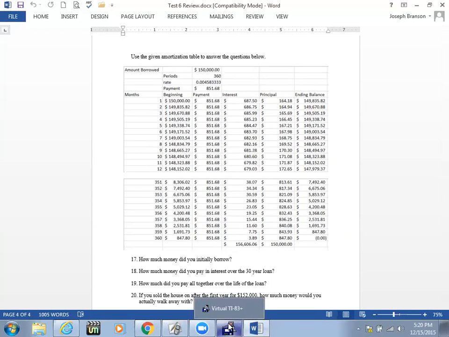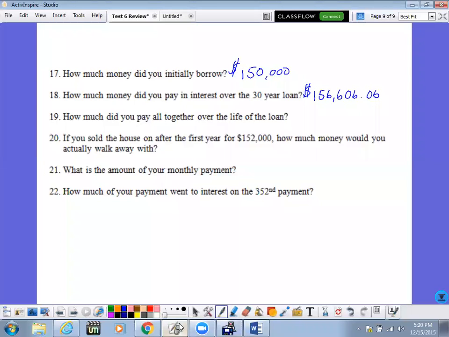So in this case, if we add those two together, we should get $306,606.06. Let me rewrite that. Sorry, guys.